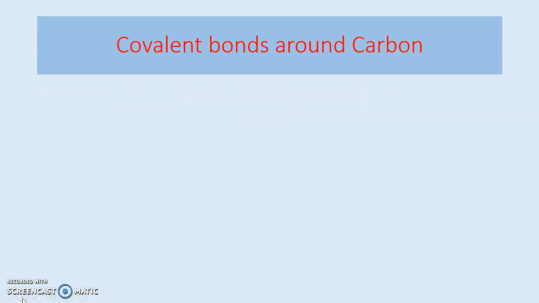Now we know that there should be covalent bonds around carbon. Carbon is 6, 12, so it has 6 electrons, and its electronic configuration is 2, 4. So around carbon, if I put 4 electrons like this, that means if it's bonding with hydrogen, it would bond in that way.